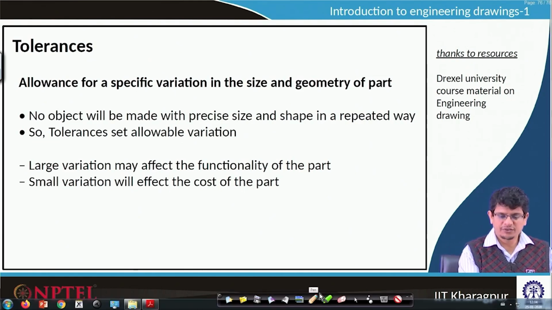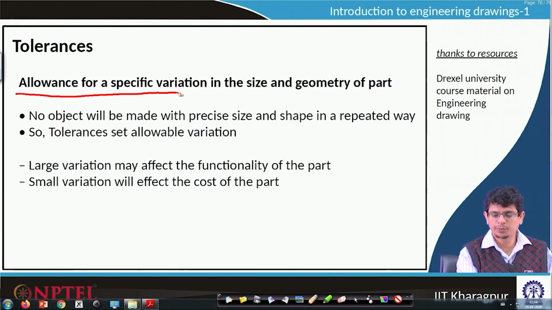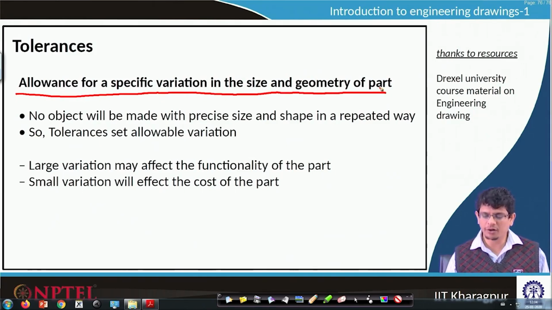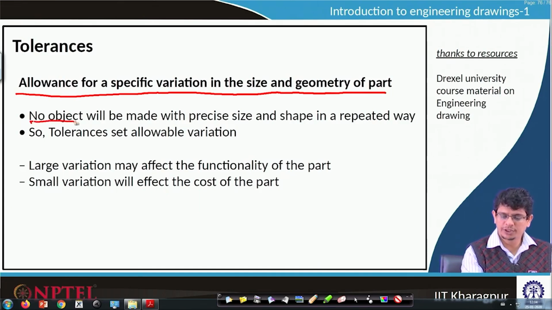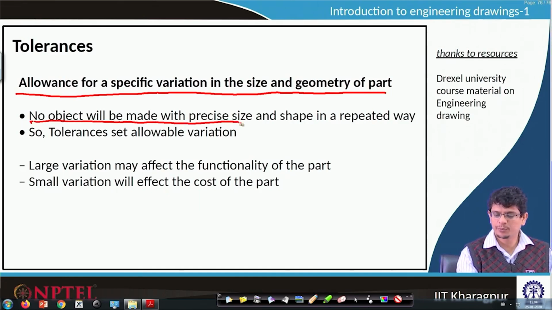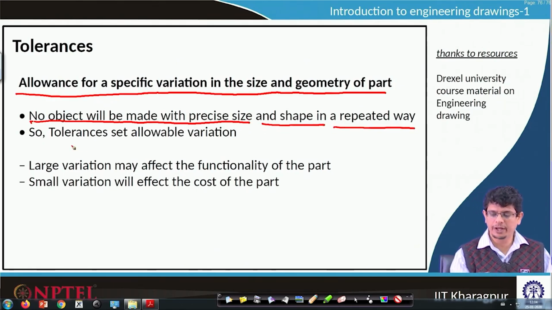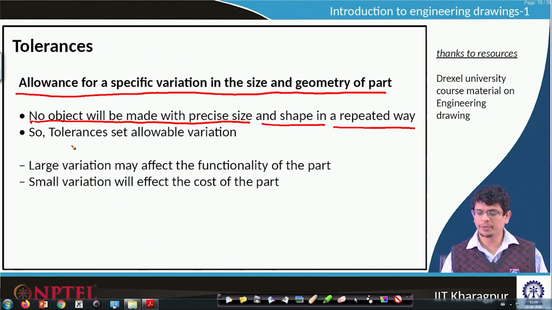The basic definition of tolerance is an allowance for a specific variation in the size and geometry of a part. No object will be made with precise size and shape in a repeated way. If you want to create multiple objects, there will always be variations within that.